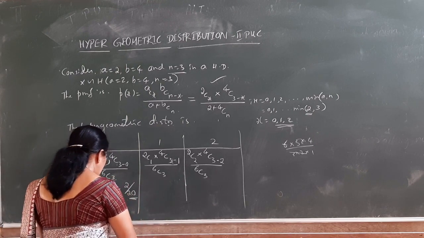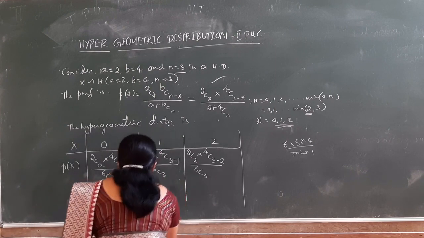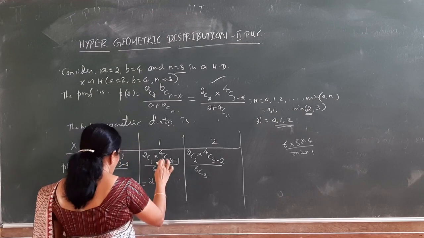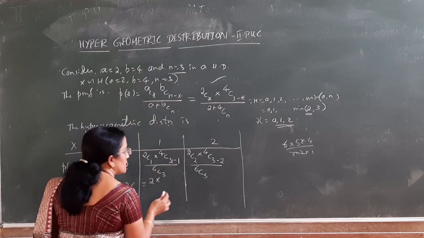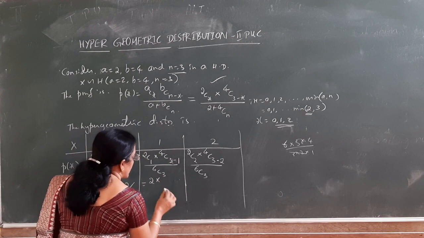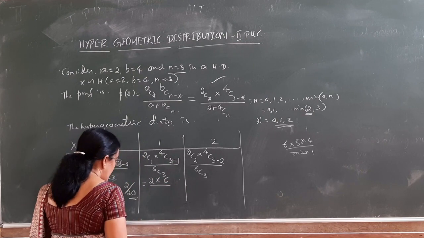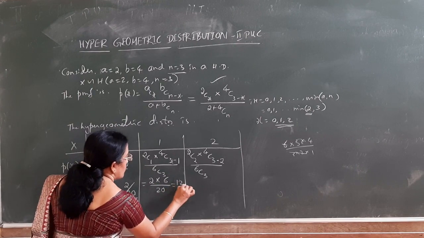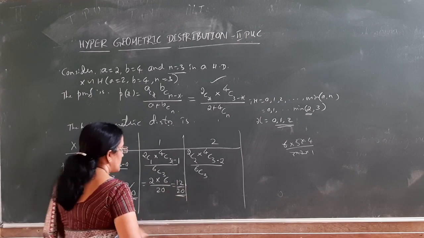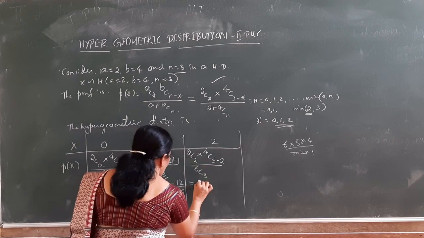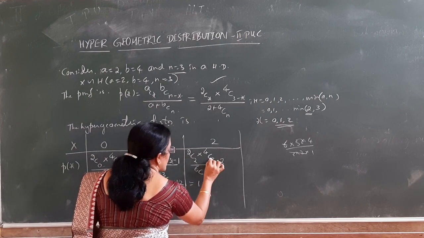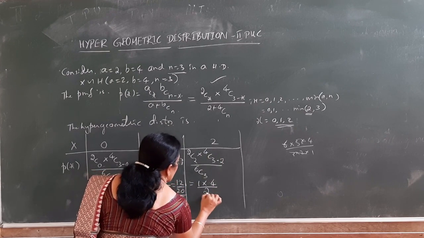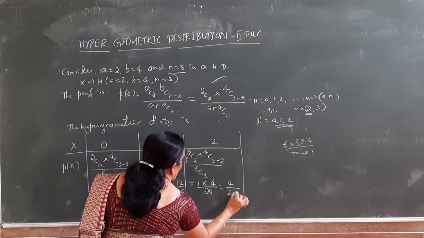Next, the second one is 2C1, that is 2, into 4C2. 4C2 is 4 into 3 divided by 2 into 1, that is 6, over the same 6C3, 20. You will get 12 by 20. The third one is 2C2, 1, into 4C1, that is 4, divided by 20, which is 4 by 20.